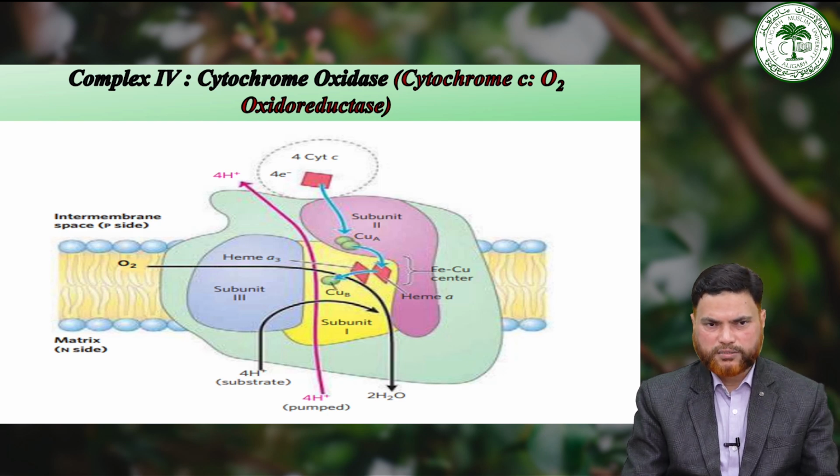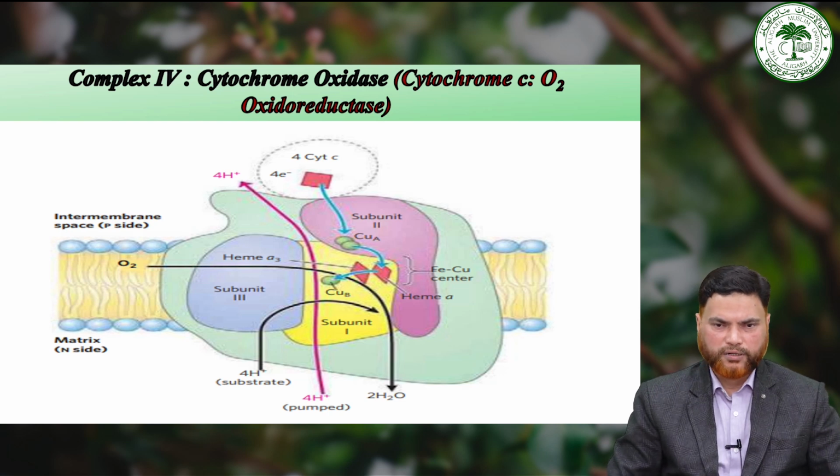So this complex 4 plays a very crucial role in oxidative phosphorylation by catalyzing the final step in the electron transport chain, contributing to generation of ATP. It is essential for maintaining cellular homeostasis and supporting various physiological processes.